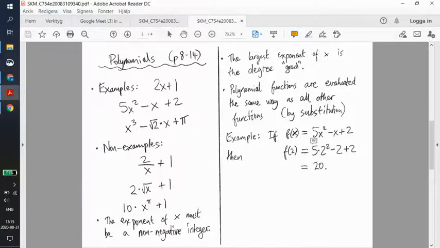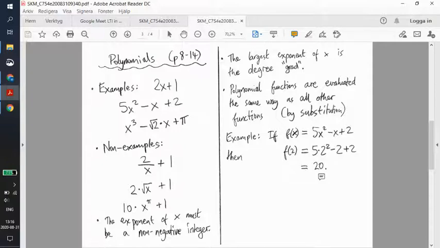So if we have f of x given by this function expression, and we want to find the function value when x is 2, then we substitute 2 in for x, just like we've done in the Math 2B and 1B courses.